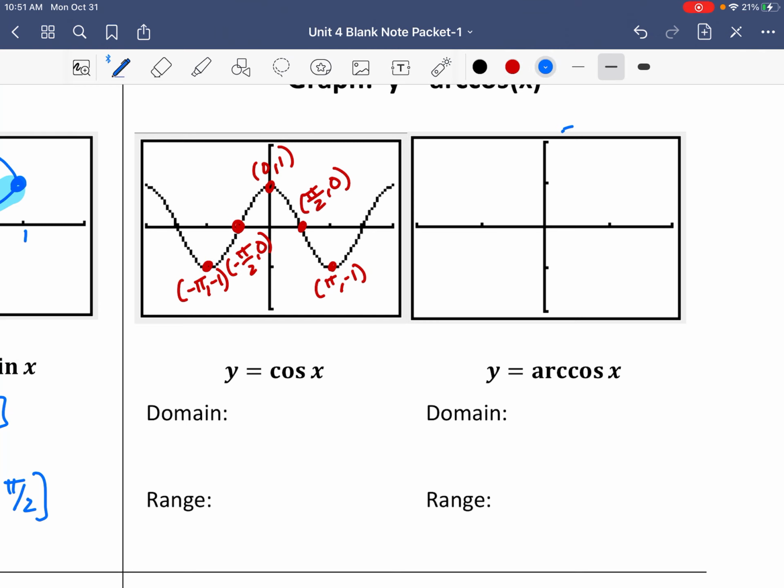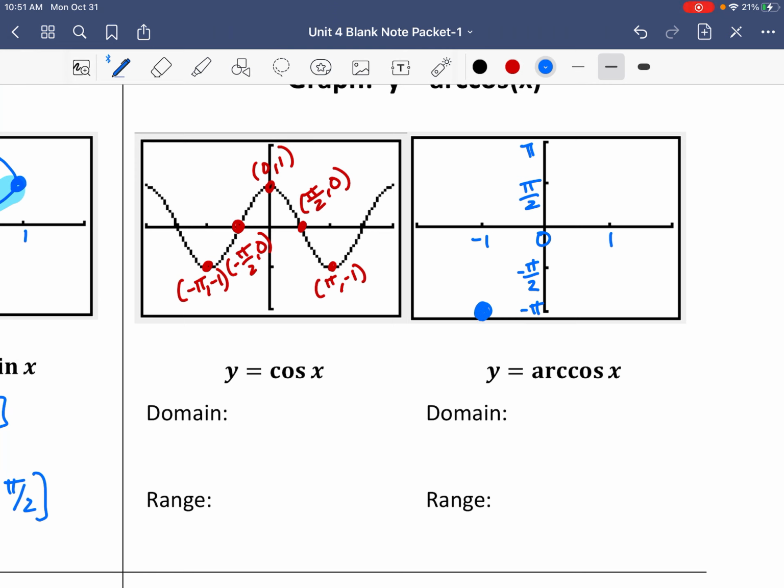Okay, I'm just going to switch. Well, I'm going to first label my x-axis. My x-axis will go from negative 1 up to 1. And my y-axis will now go from negative pi up to positive pi. And I'm just going to go each point, and I'm going to switch them. So my first point is going to be negative 1, negative pi, down here.